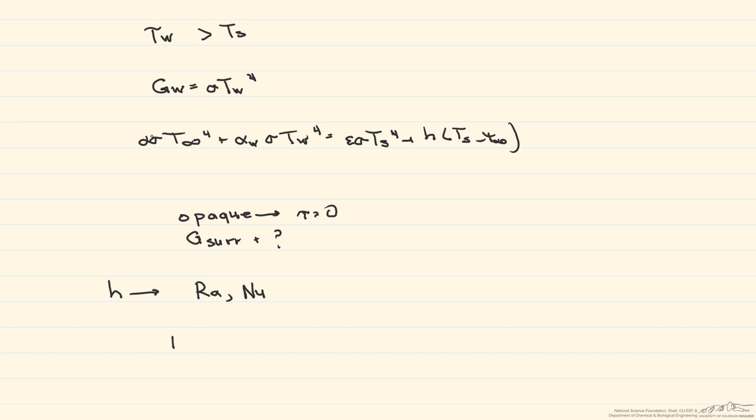And finally, you might be asked to find the surface temperature of the plate. This is going to require some kind of solver, as the temperature appears as both T of the surface and T of the surface to the fourth. In that case, all temperatures, even that in convection, must be used in Kelvin.